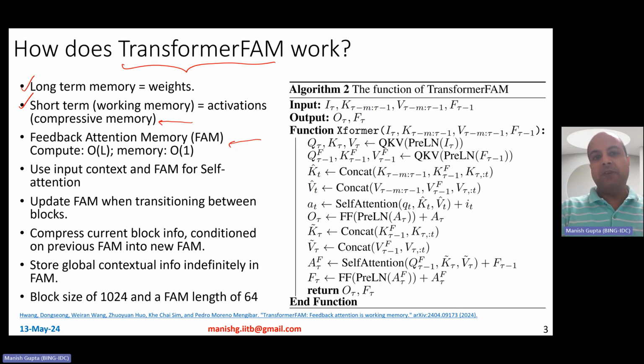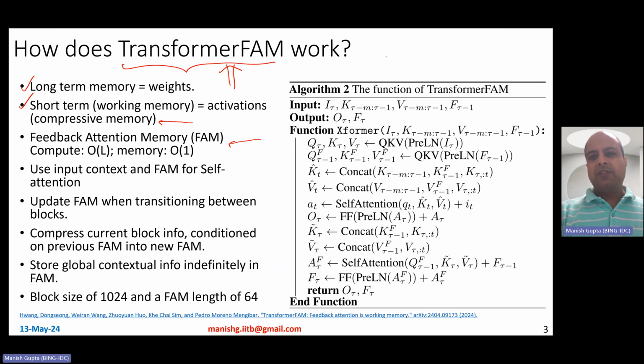And the previous video I recorded was also on a compressive memory way of supporting infinite context length, right? So this approach, TransformerFAM, is also an approach to support infinite context length using a compressive memory kind of approach. However, there are differences in the way it does this, right? So let's talk about the details of how it does this.